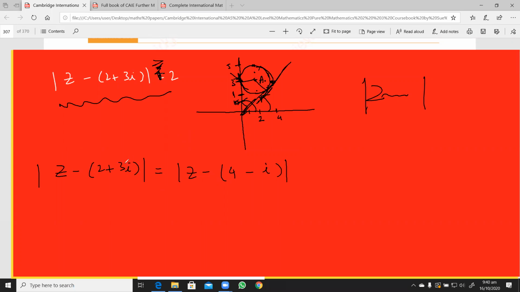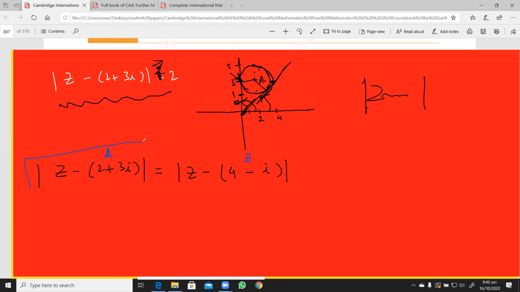Now suppose, beta, this 2 plus 3 iota, let's represent this in blue color. Now this is the point A, and this is the point B. Charlene, what does this mean?